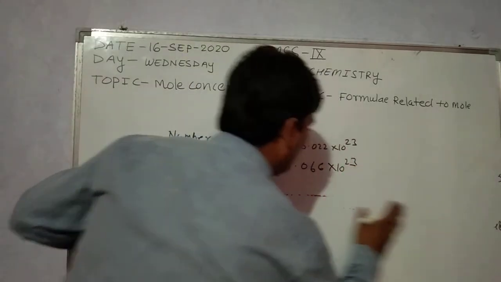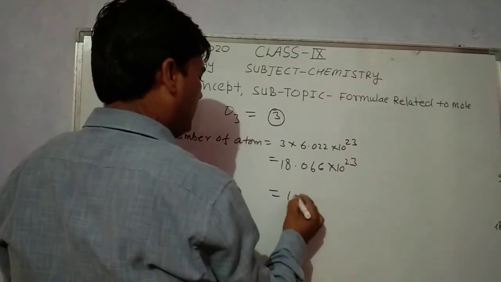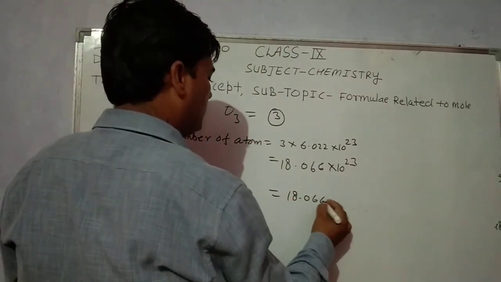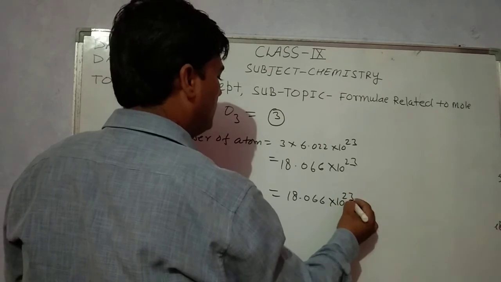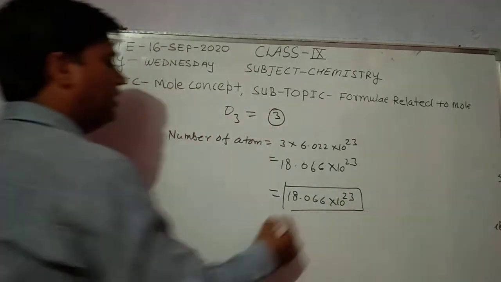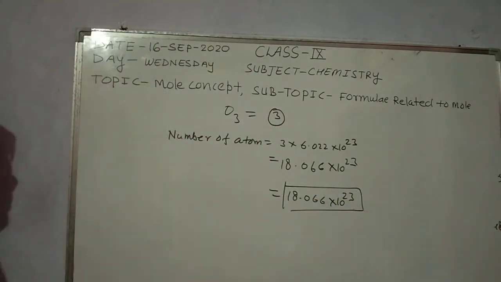So the number of atoms is equal to 18.066 into 10 to the power 23. In this way we can calculate the number of atoms in a given sample.